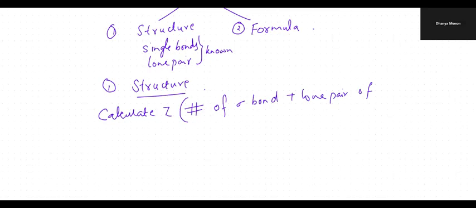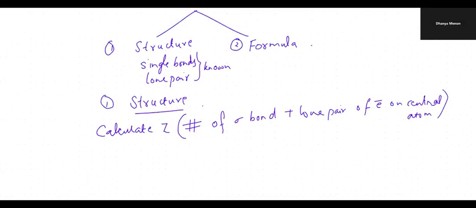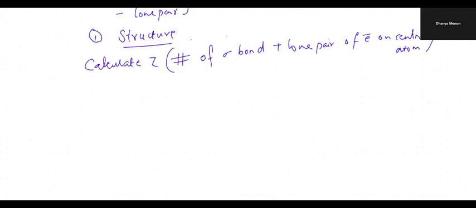So I told you, if you know how many single bonds are there or how many lone pairs are there, we can understand the hybridization. If the structure is given, then also we can understand the hybridization. Z is the sum of sigma bonds plus lone pairs of electrons.